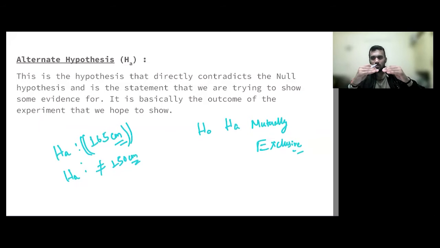Thereby, the alternate hypothesis that is just edging on becomes the correct one. Okay. So when it is difficult to prove the alternate hypothesis, it is relatively easier to disprove the null hypothesis. So that's what we will try doing here. We will try to disprove the mad person's hypothesis that the height of all people in Bhubaneswar is 150 centimeter.